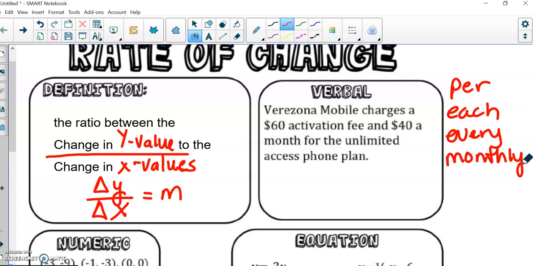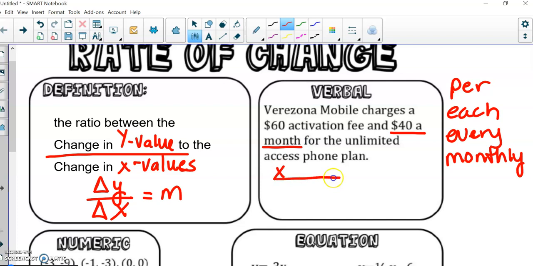Any word that would represent that it is a reoccurring cost or a reoccurring number over and over again, then it is going to be your rate of change. So in this word problem, where we talk about the $40 a month, that means every month you're going to pay an additional $40. We could set up a table to represent this.